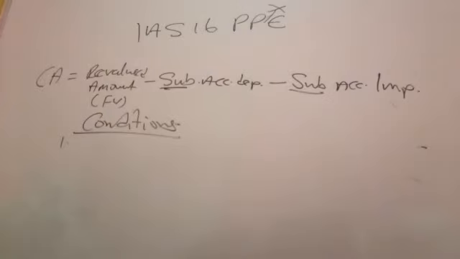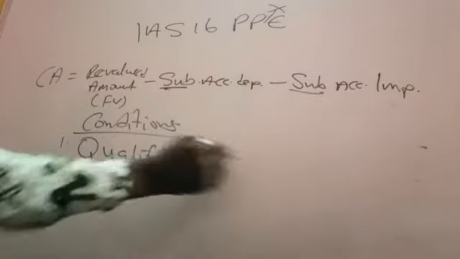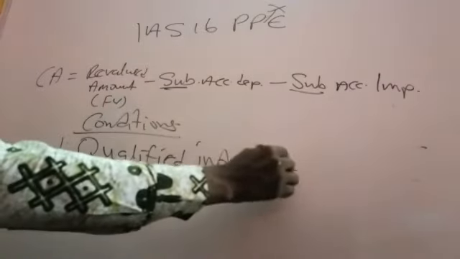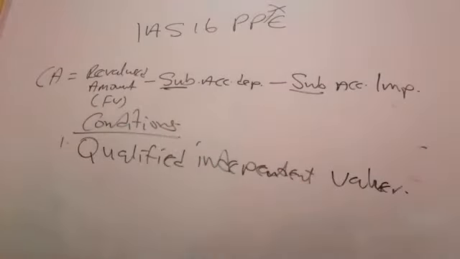Condition number one states that the valuation must be performed by a qualified independent valuer. So it means that the accountant or the chief finance officer cannot perform it. The accountant is not a professional valuer.